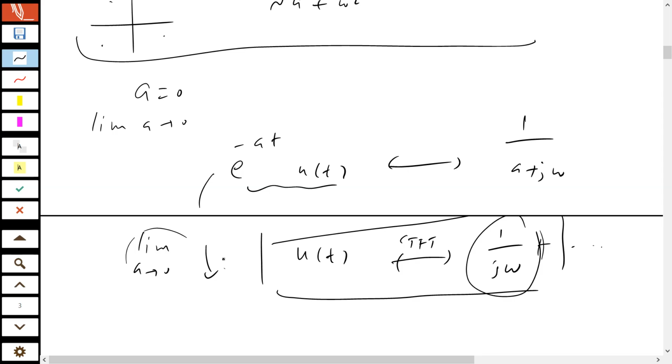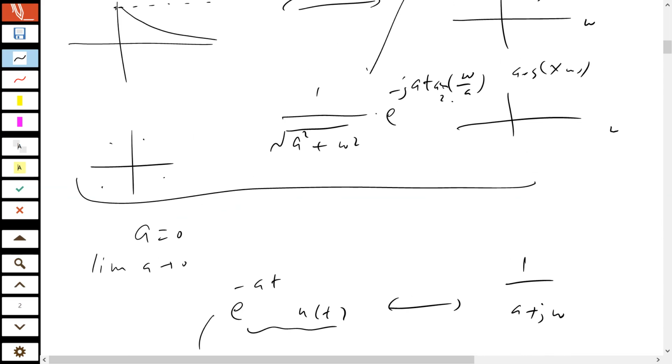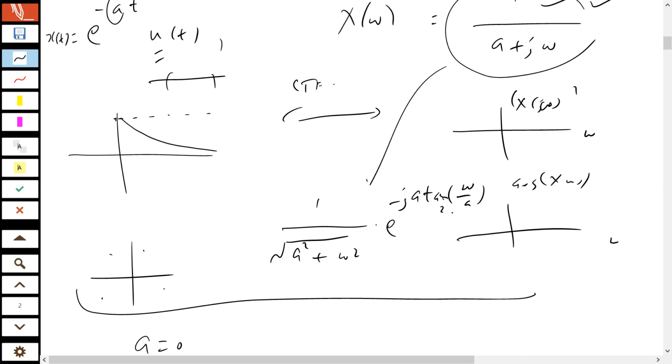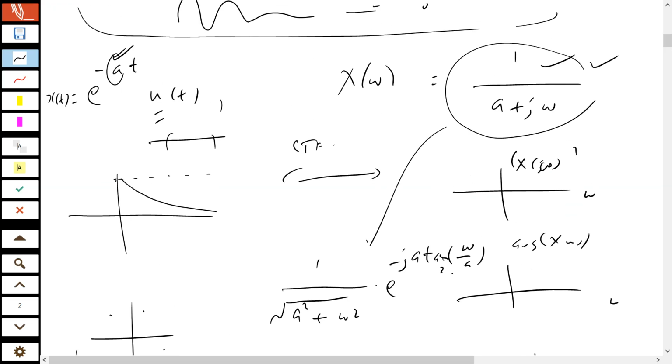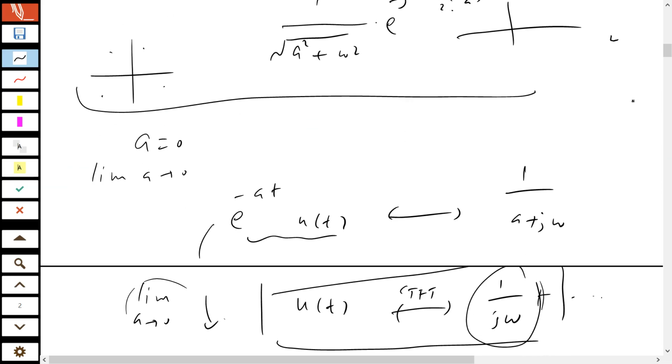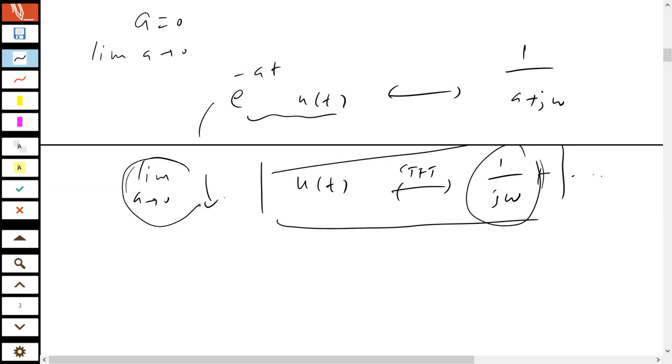I asked you for the condition. What was the condition for this? Real part of A is? Not the unit step, real part of A. Real part of A is greater than 0. And what are we doing here in this limit?